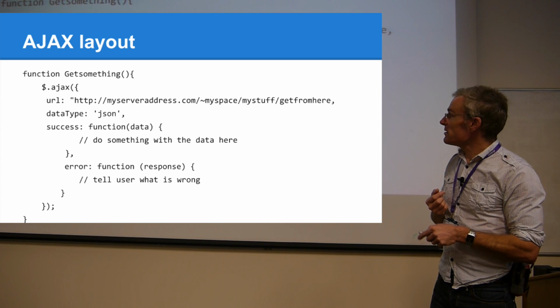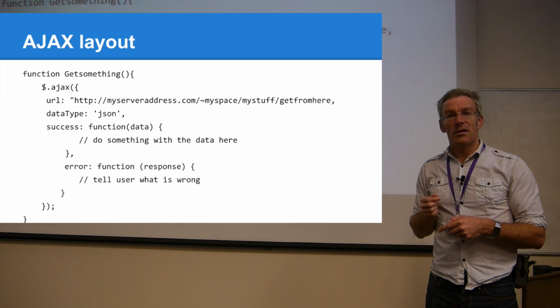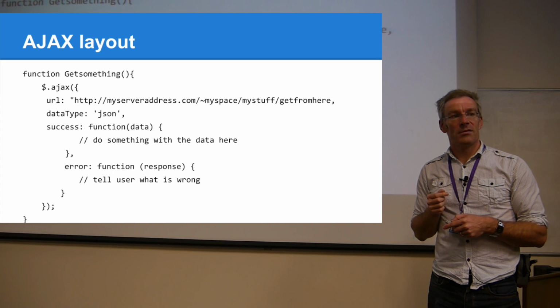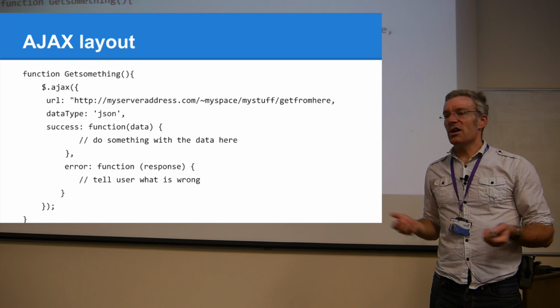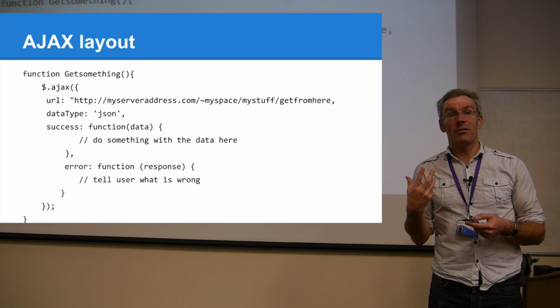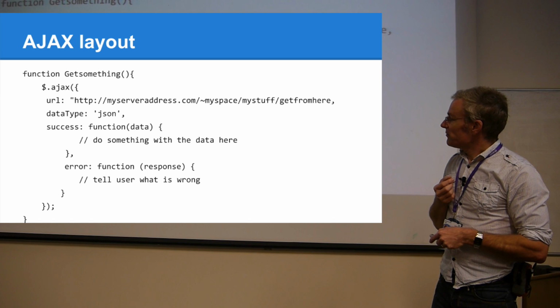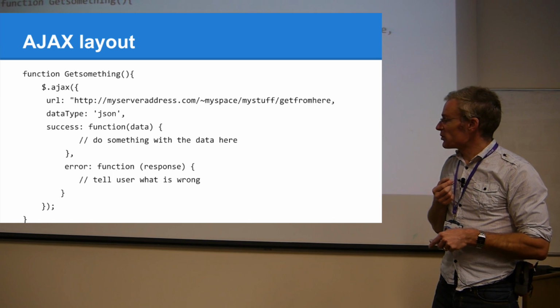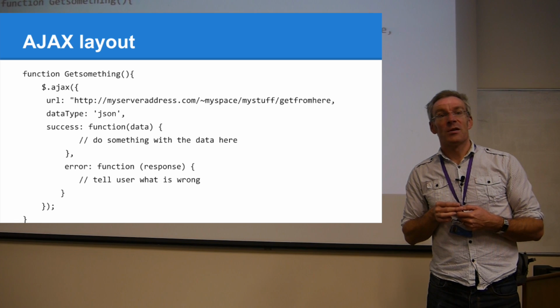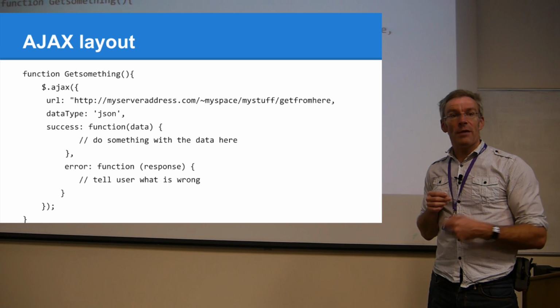So this success thing, that data is my dictionary. That contains my entire dictionary of all the data I've got back from the request. And this bit, this function runs if there's a problem. So it either runs that one or that one.